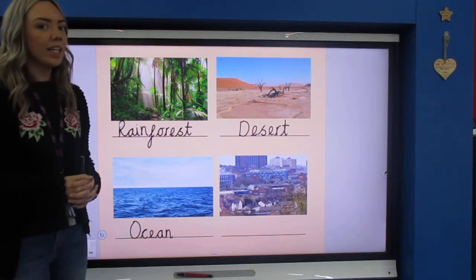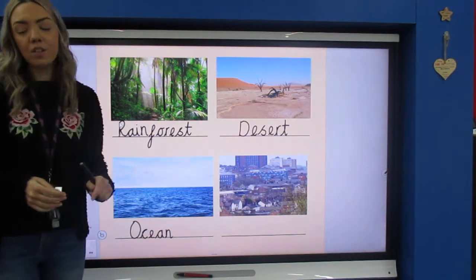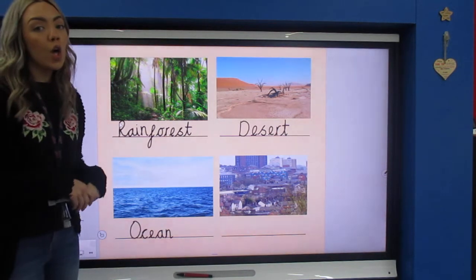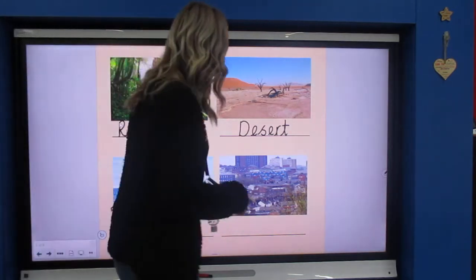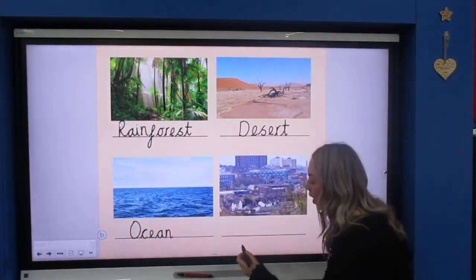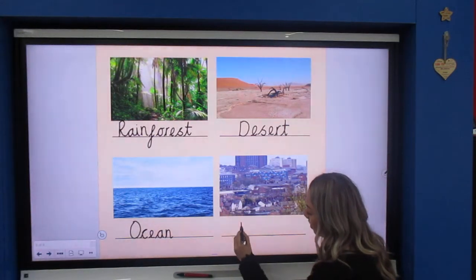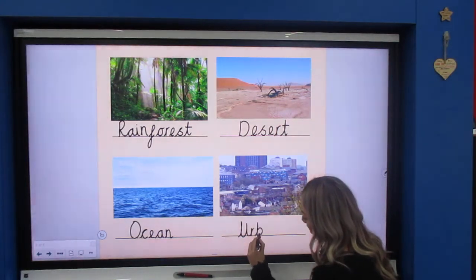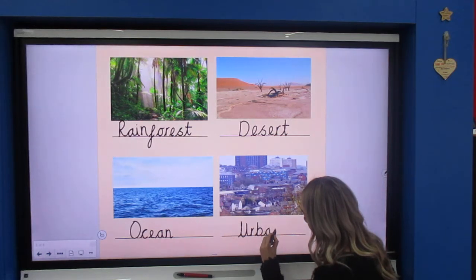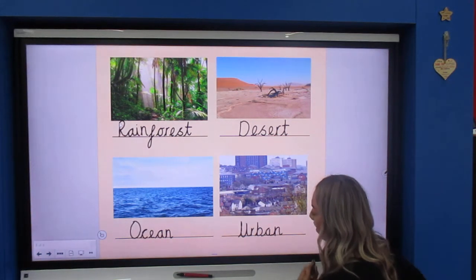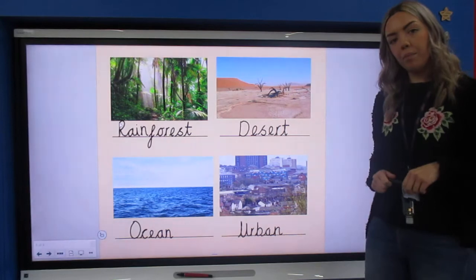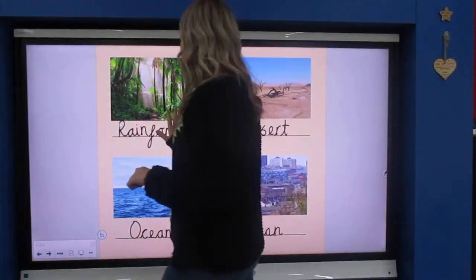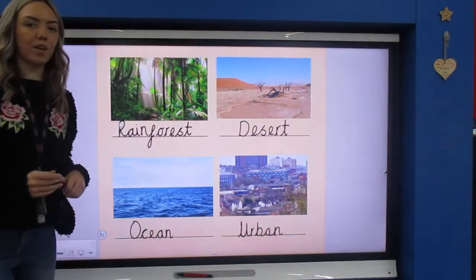It is a city, you are right, and this is called an urban habitat, okay? Because the word urban means that lots of people live there, okay? And it is a city. Brilliant.